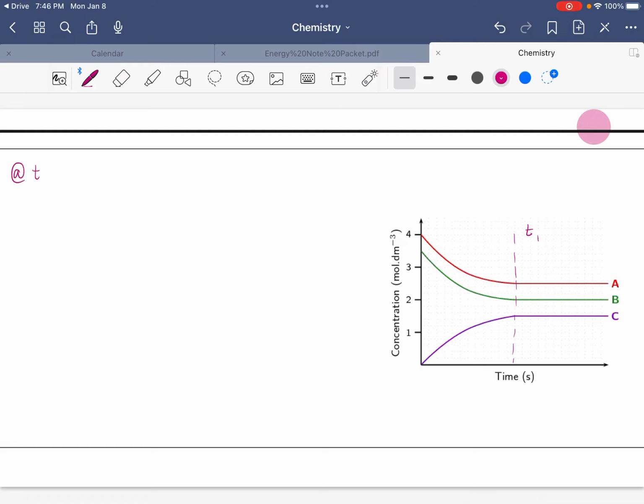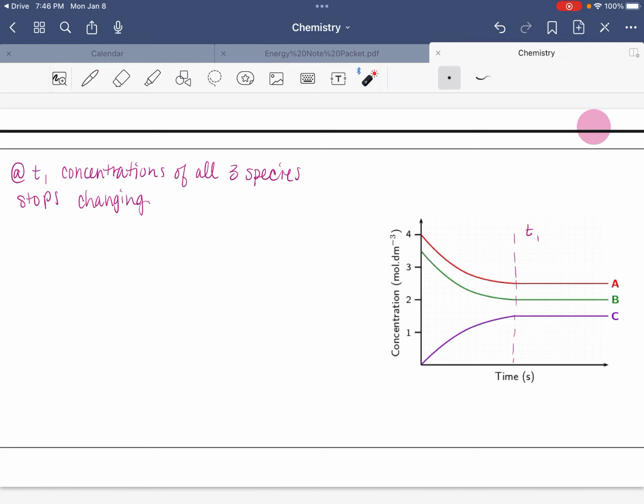So at T1, the concentrations of all three species stop changing, which is what I explained on the previous slide.